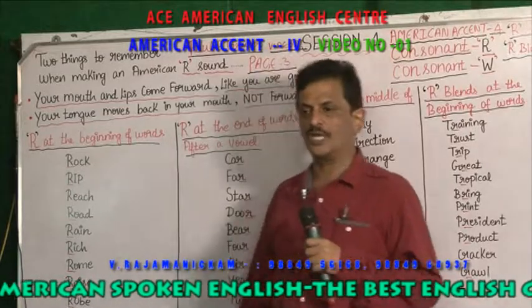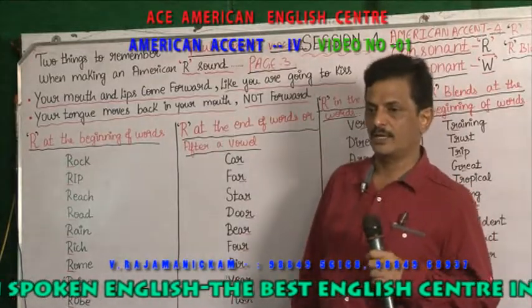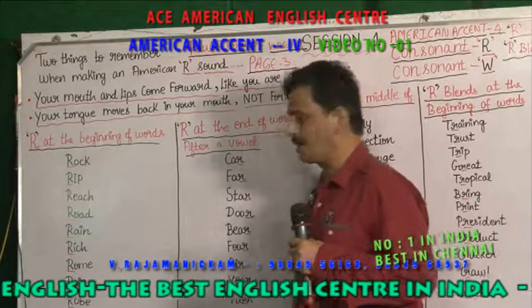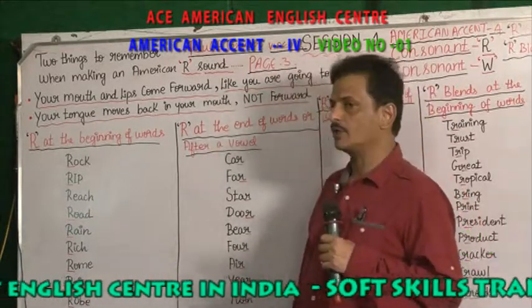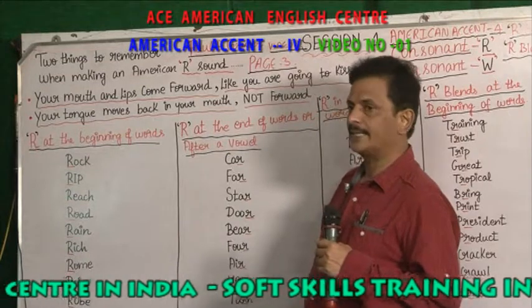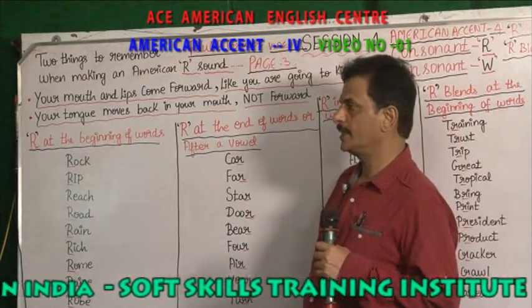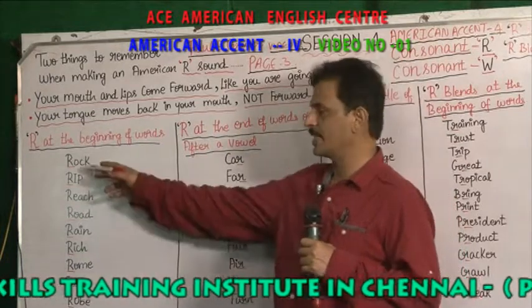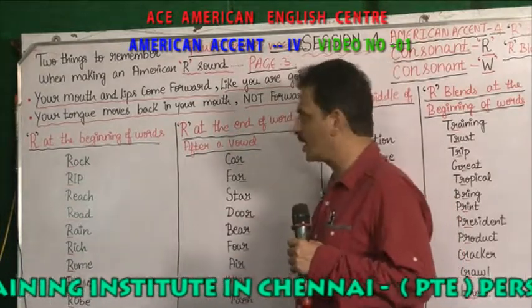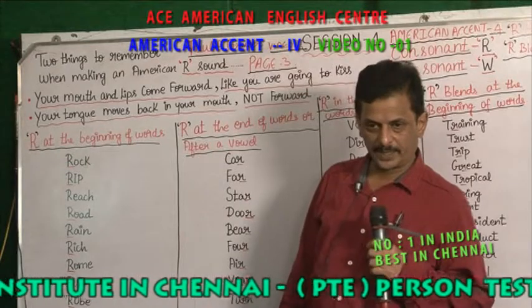Rock, R-O-C-K. How do you pronounce rock? Is it correct? Rock. So the lips go forward and the mouth goes forward, but the tongue goes back when you're pronouncing R. Rock. Am I correct?